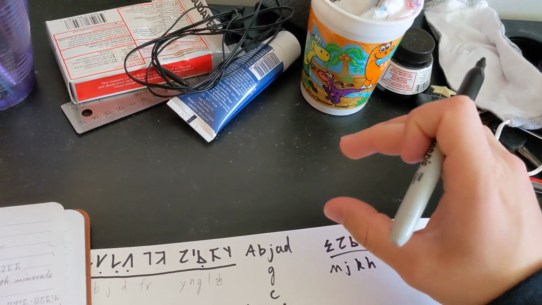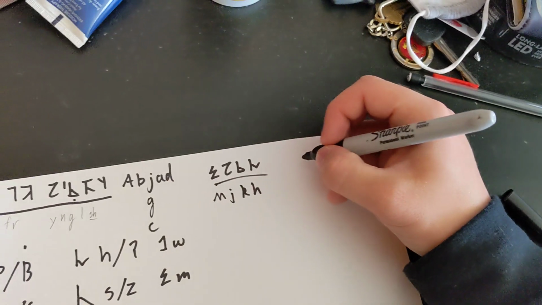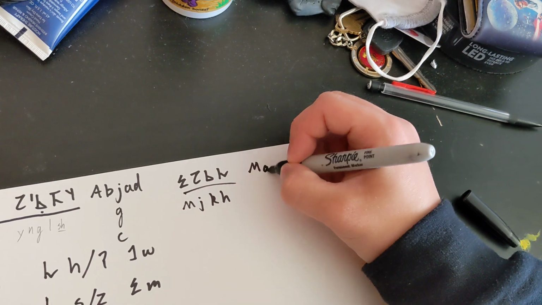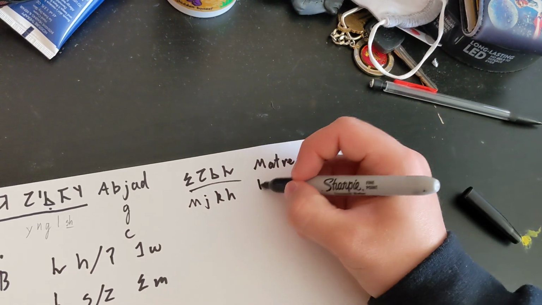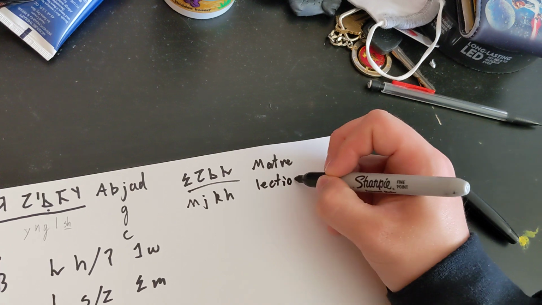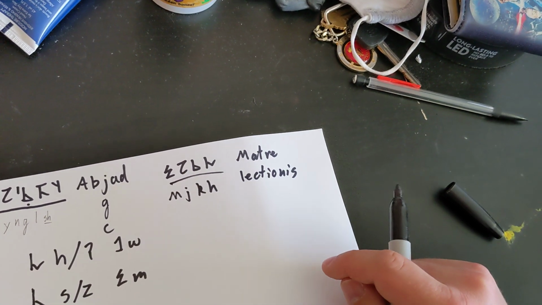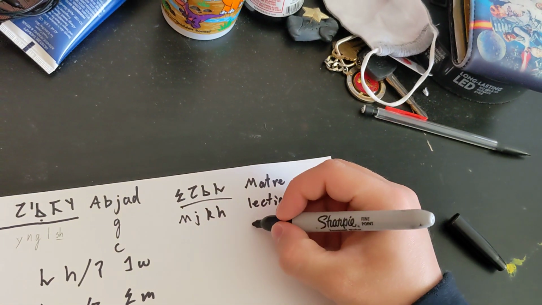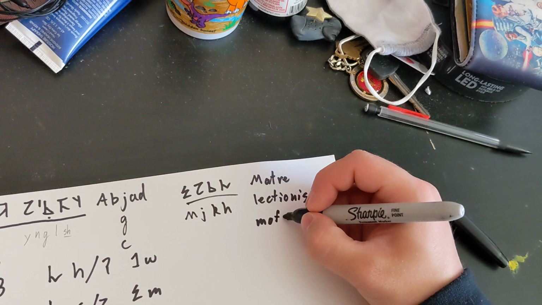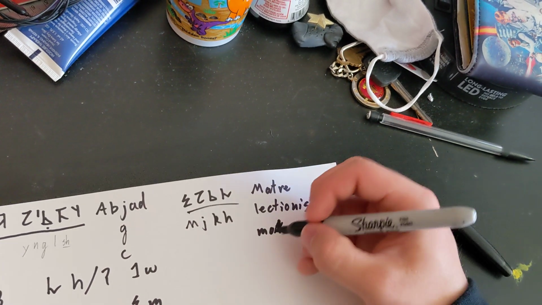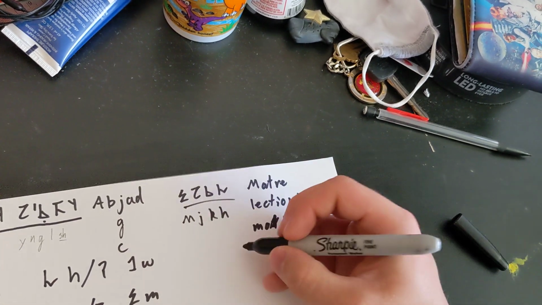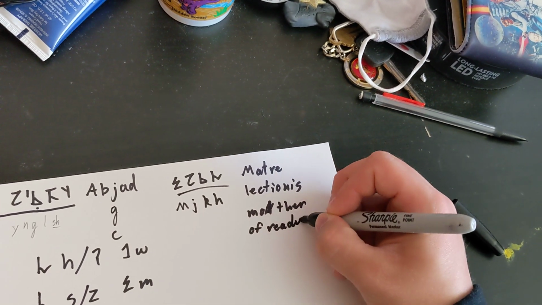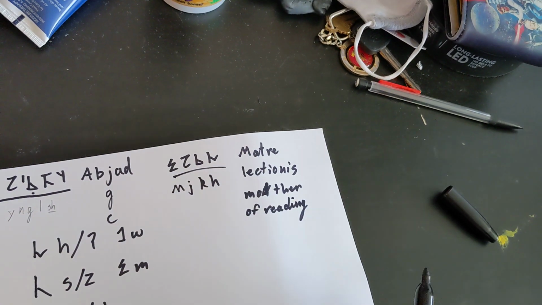The correct term for this is what they call, well, I don't know Latin, but it's basically matrilectionis, something like that. That's probably incorrect, but basically what that means is mother of reading. So the mother of reading.